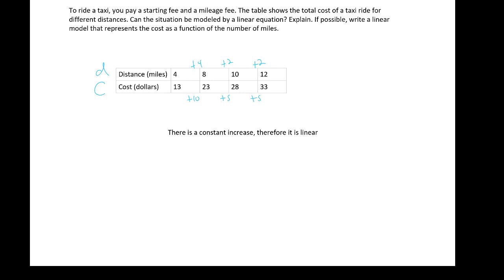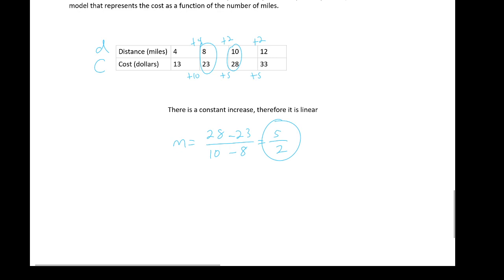So let's actually just go ahead and take 2 of these points. Let's just take these middle 2, right? Okay? And we're going to go ahead and get our slope. The slope will be the same even if we had taken the first 2 points. So our slope here, we're going to say 28 minus 23 over 10 minus 8, which is going to be a slope of 5 over 2. Okay? And pretty straightforward here.